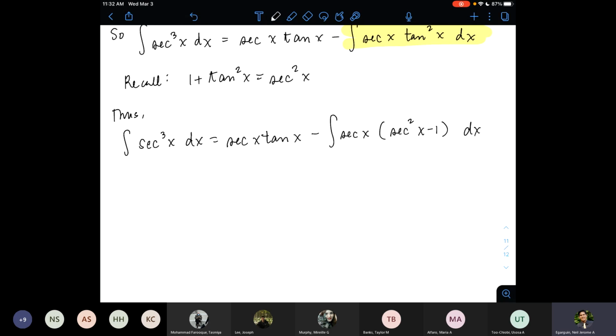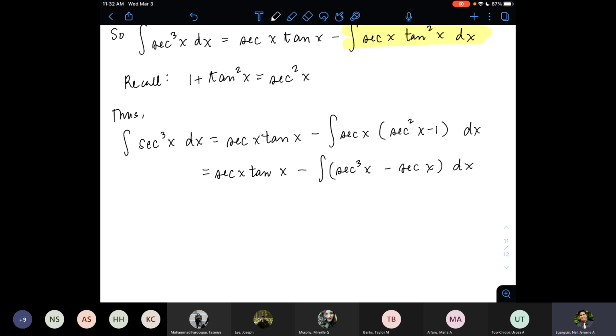So this is a useful trig identity. And then I'll simplify the integral. This is minus the integral of secant cubed x minus secant x dx.